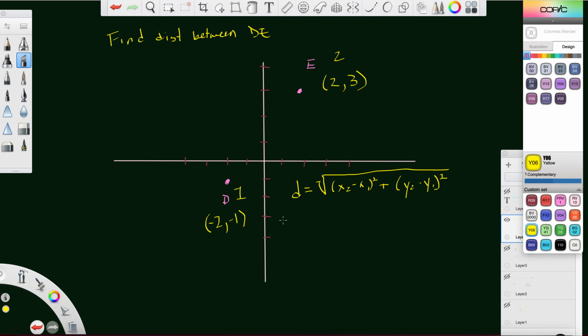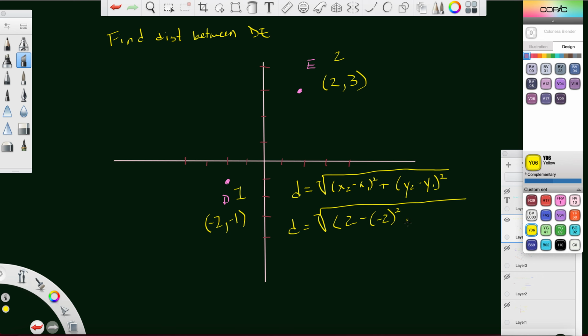So here we go. Repeat that square root symbol. X2 is 2, right? The x coordinate in the second pair is 2 minus the x coordinate in the first pair, which is -2.